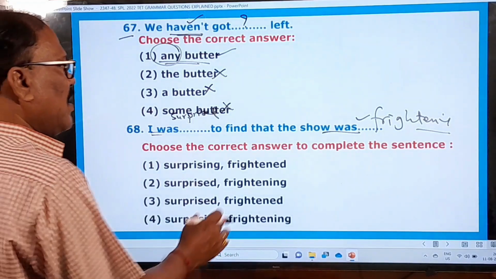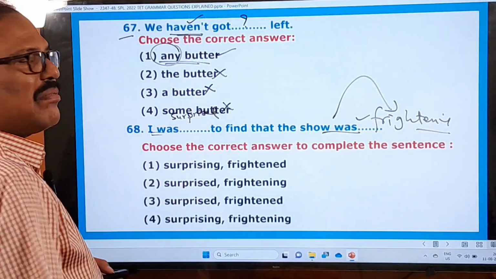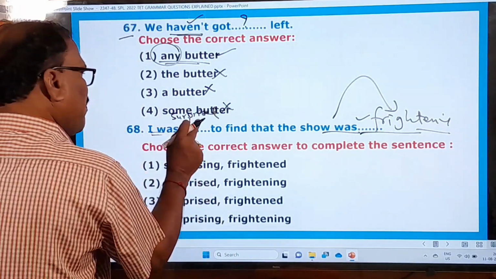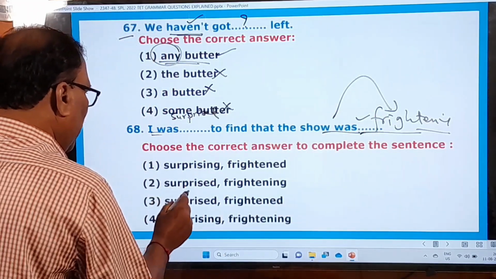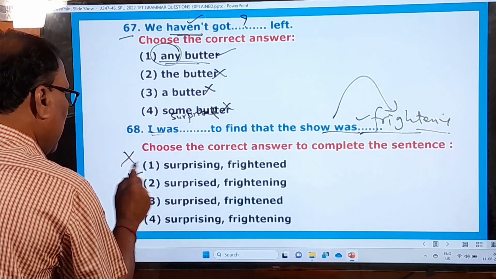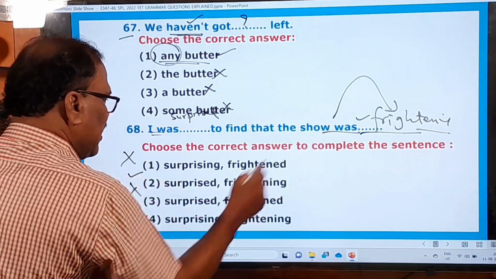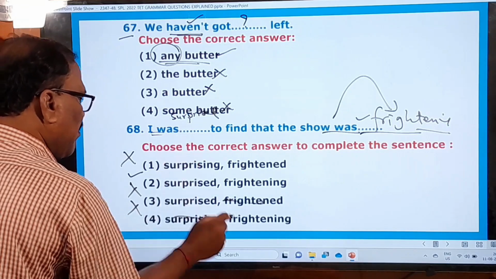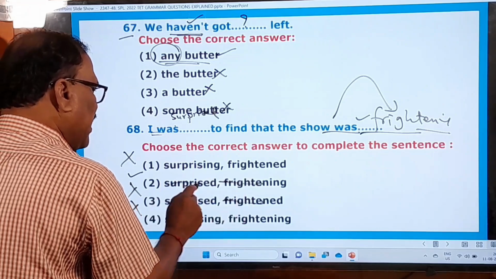So after this, we use the continuous form. I was surprised to find that the show was frightening. Second one is right. "I was surprising" is wrong. "I was surprised" is right, but here "frightened" is wrong. "Surprising" is here, but "frightening" is wrong. So only surprised in the first and frightening in the second.